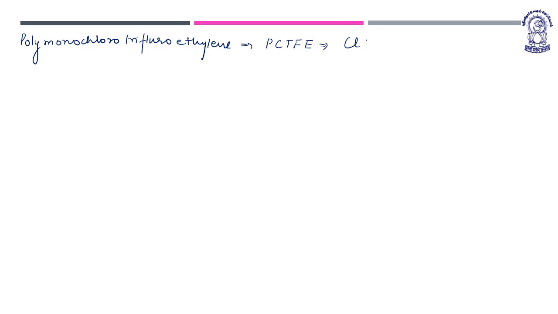The monomeric unit is ClFC=CF2. It undergoes homopolymerization.